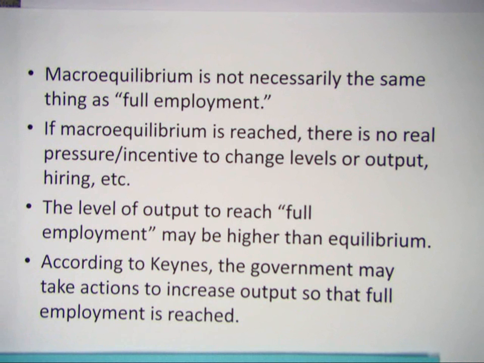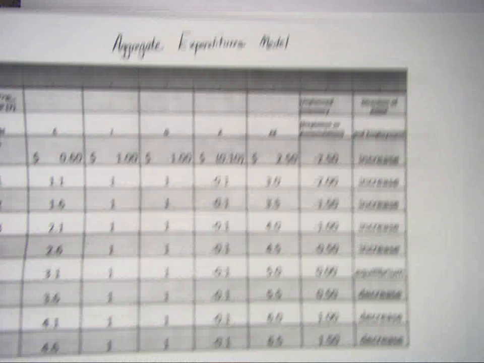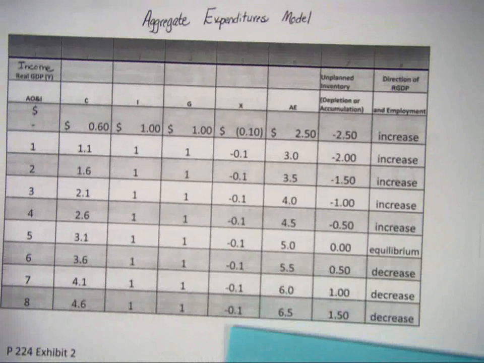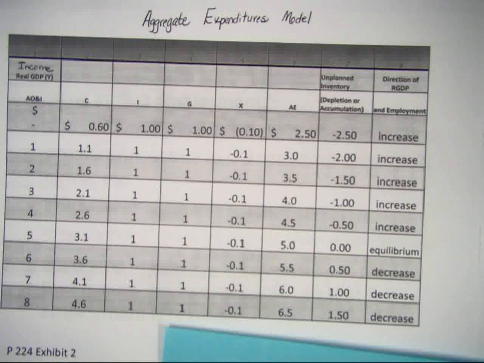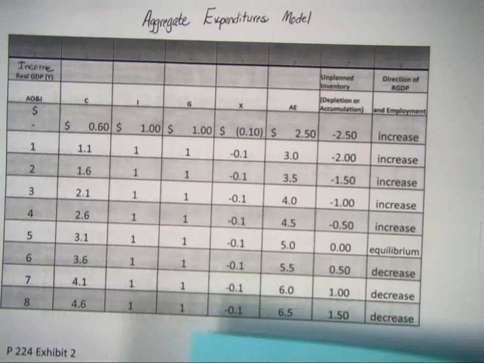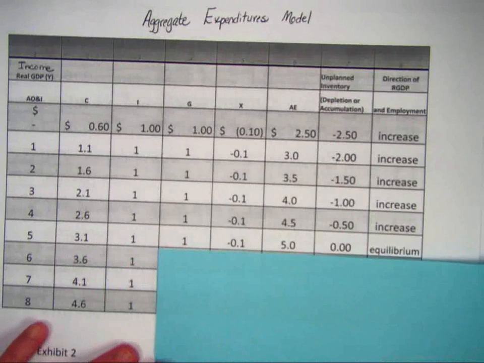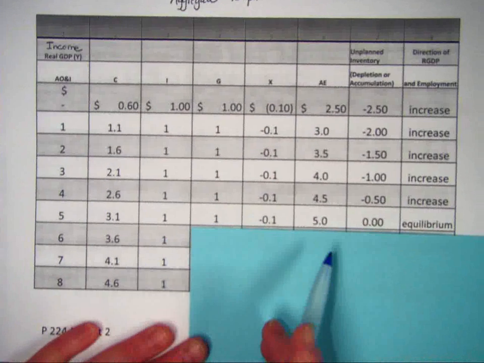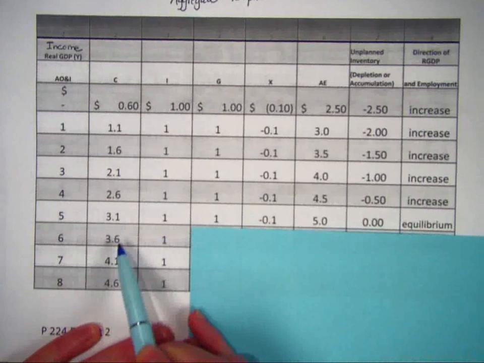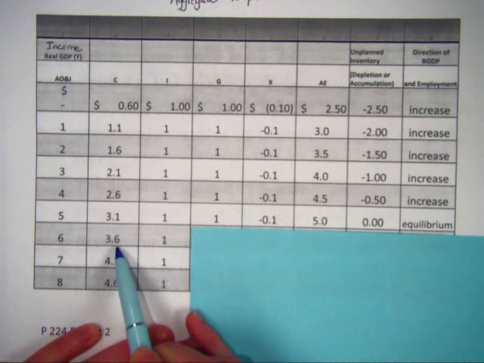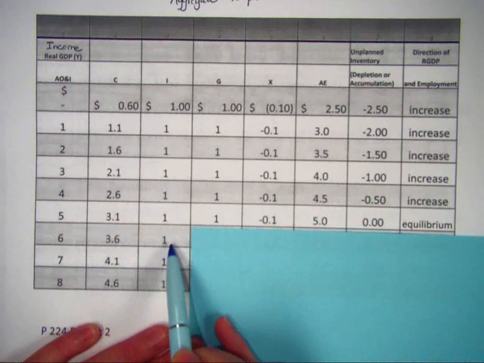And I'll just illustrate with an example here. This is the same table we were taking a look at, and I'm just going to do a little changing. I'm going to go right at this level. So when output is 6, consumer spending is 3.6, business investment is 1.